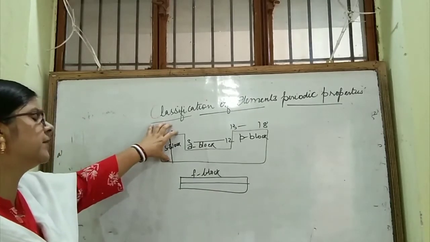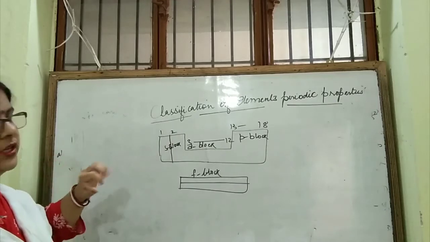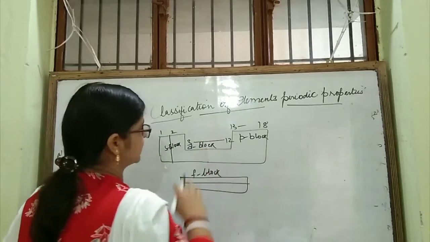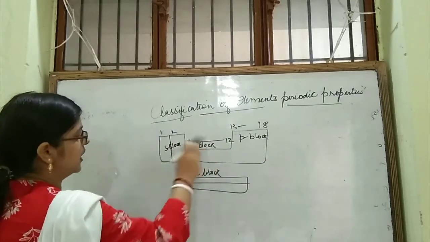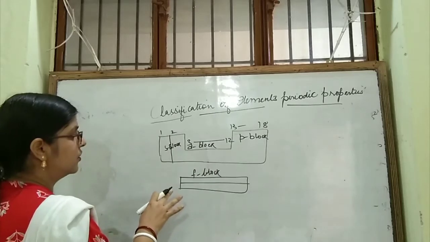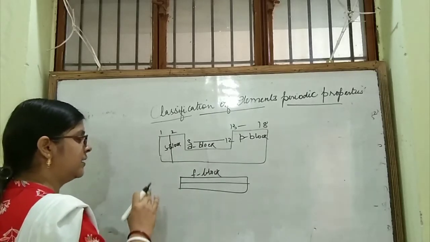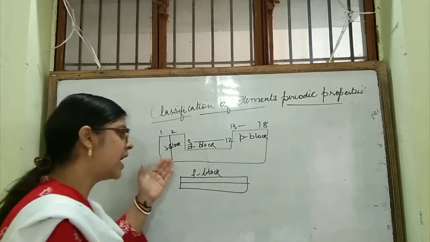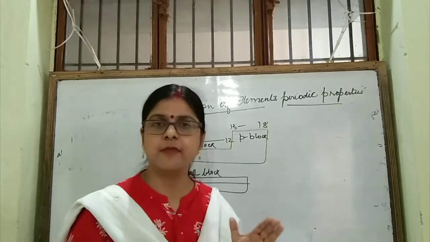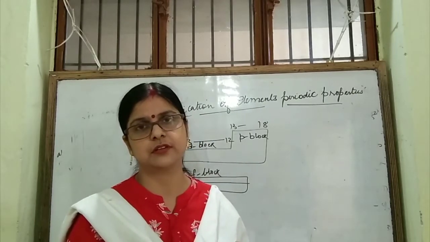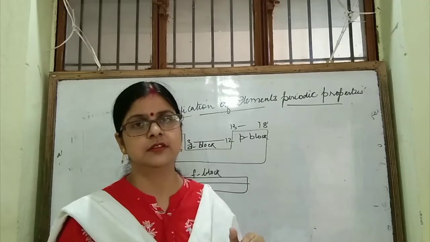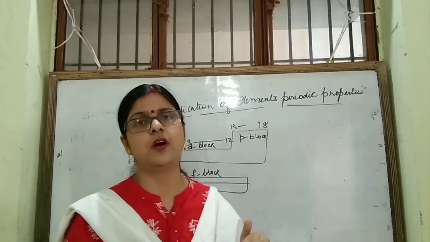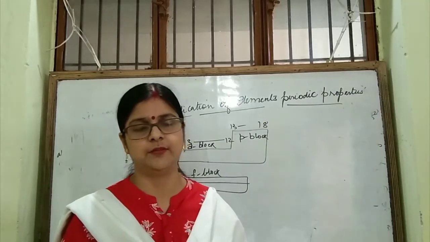Group 1 and group 2 have been placed in S block, group 13 to 18 in P block, 3 to 12 in D block, and I told that the separate 14 elements have been placed in F block, in which the last electron enters into the (n-2) f orbital. We'll gradually learn the details of P block, D block, S block and F block.